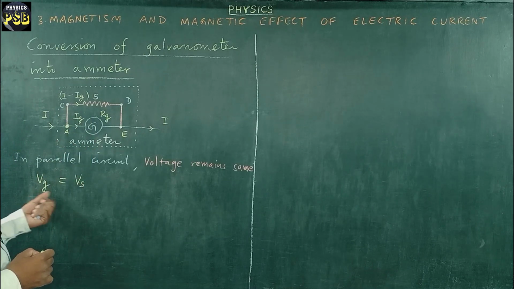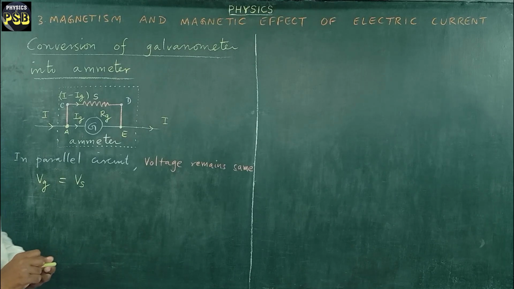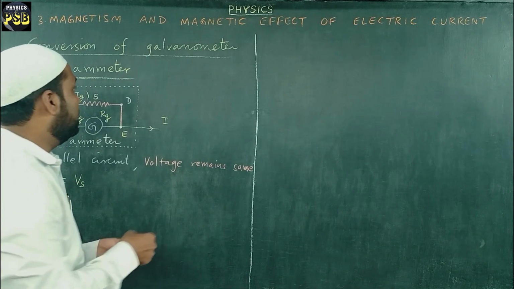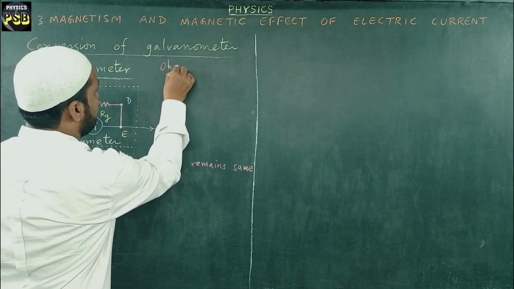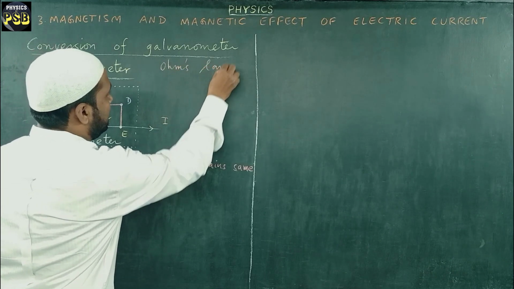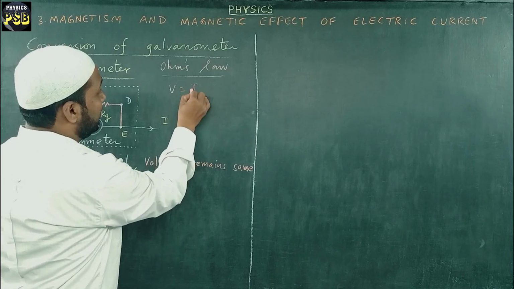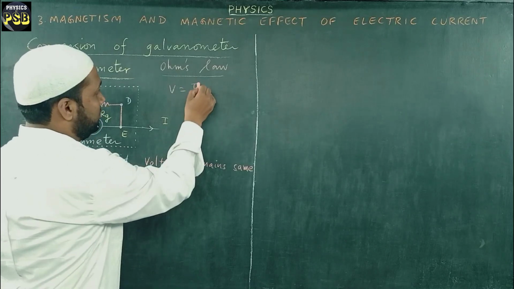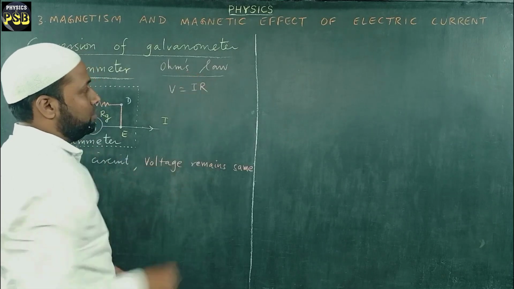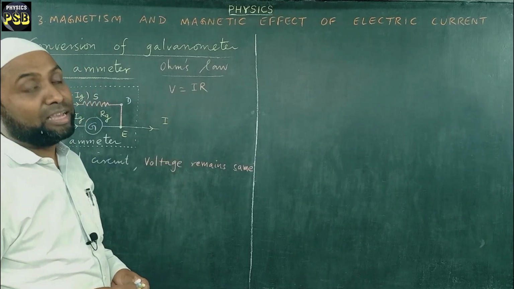And how to get the value of V? Voltage can be easily obtained from Ohm's law. What does Ohm's law say? Ohm's law says that voltage V is the product of current in the circuit and the resistance offered by the conductor.